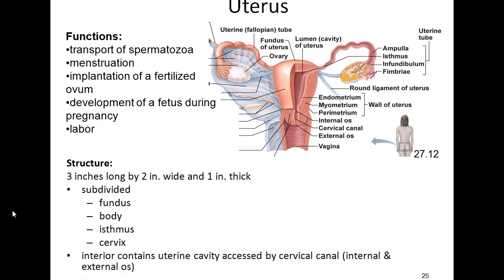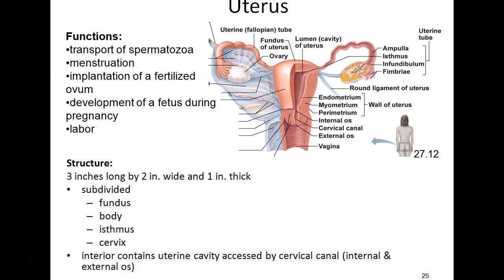Other noteworthy structures include the urogenital diaphragm, to which we have connective tissues that support the uterus. Recall that we have round ligaments, and then also we're going to have transverse cervical ligaments and uterosacral ligaments. Functionally speaking, a function for the uterus is to transport the spermatozoa, and also the function of menstruation. We'll talk about that more in a minute.